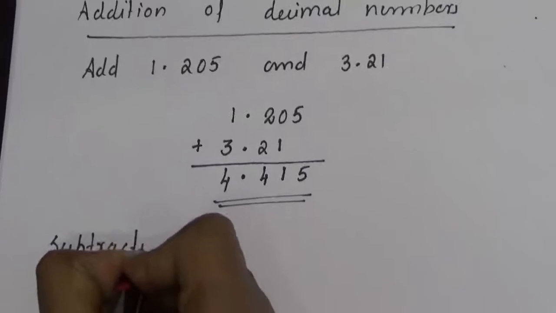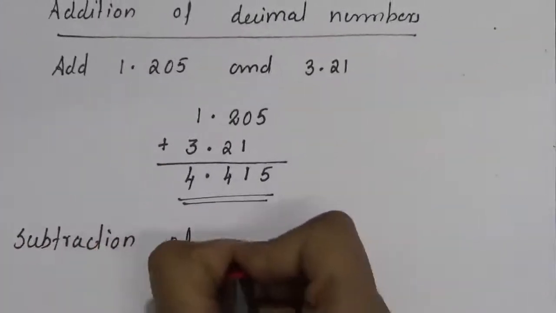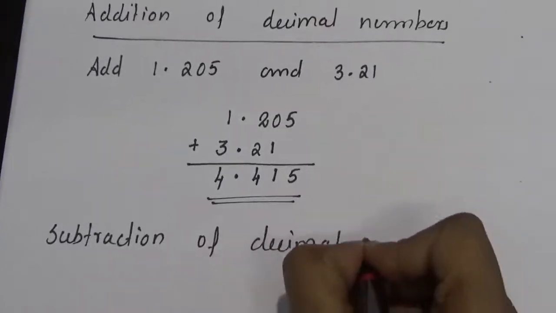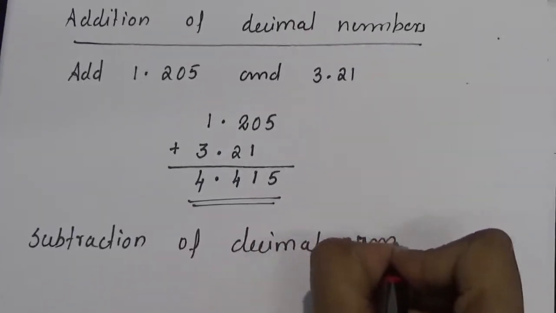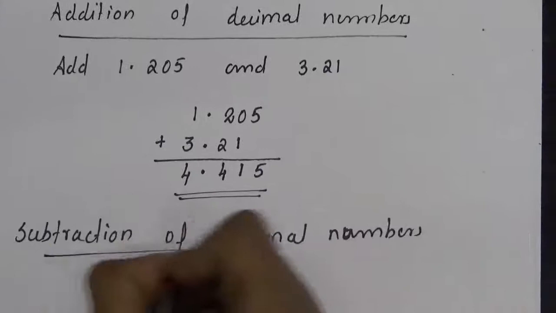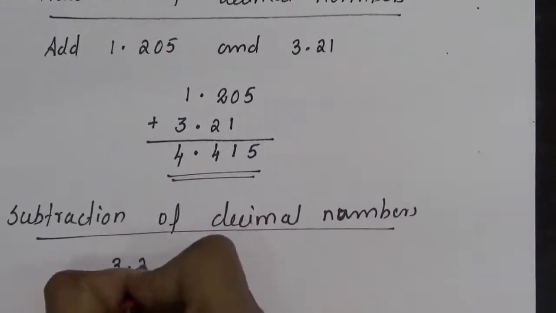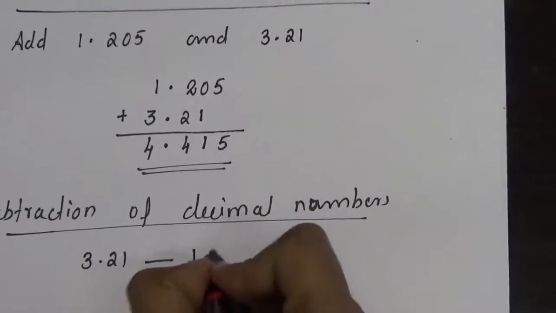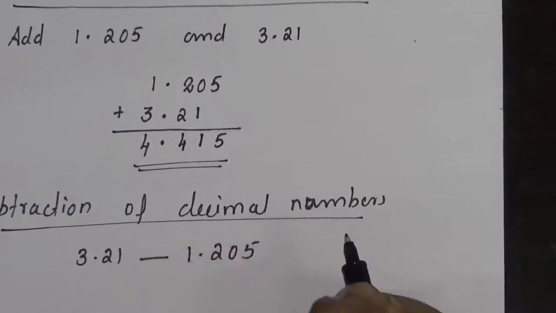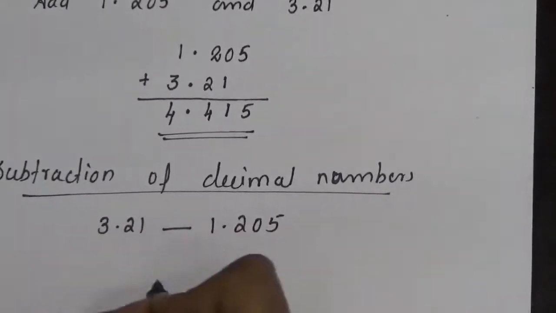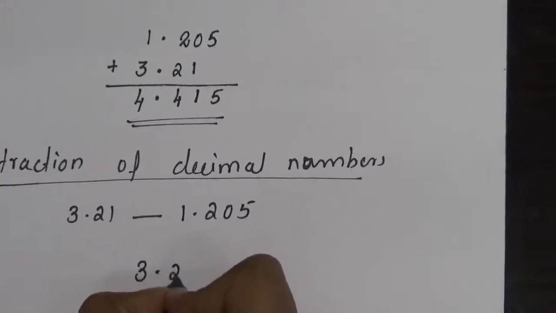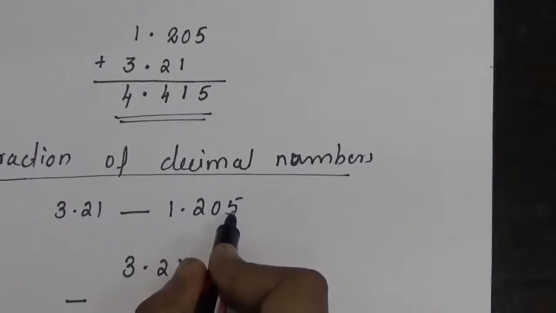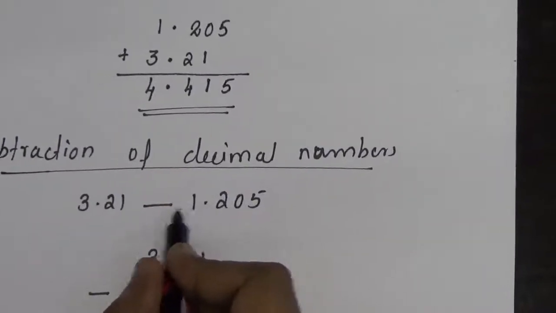Now subtraction of decimal numbers. We are using the same method as addition of decimal numbers. Suppose we need to do the operation 3.21 minus 1.205. You write the first number, 3.21 minus, next number is 1.205. Here also you have to put the points on the same line.